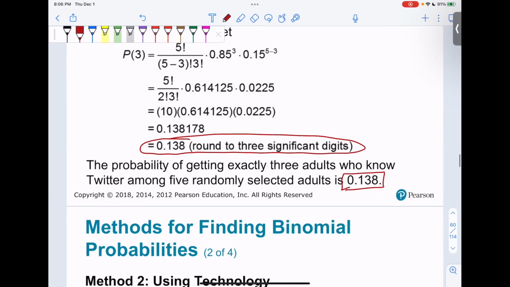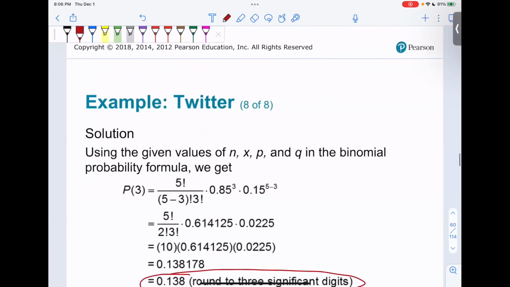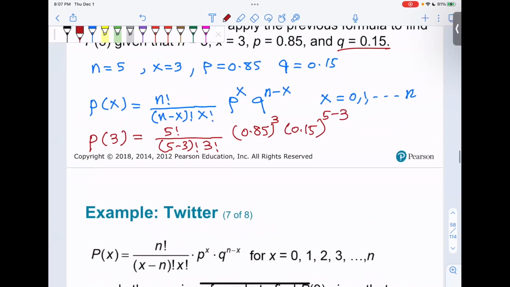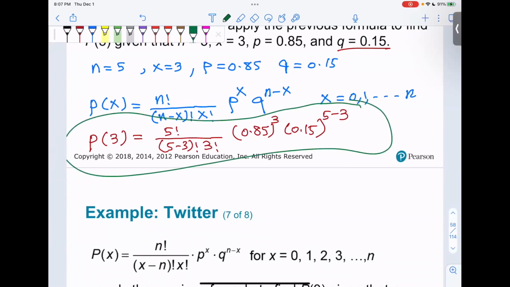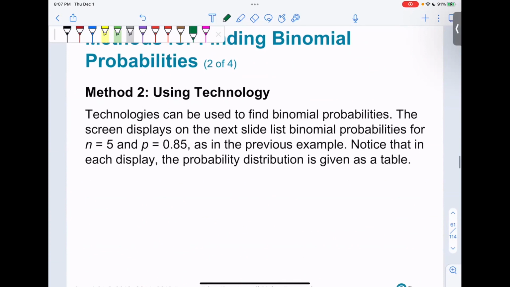And we can use technology to find this, so not all the time you have to compute it manually. For this one it might be easy, but later you will see some problems that are not easy to do manually, so you can use some kind of technology to find those values.